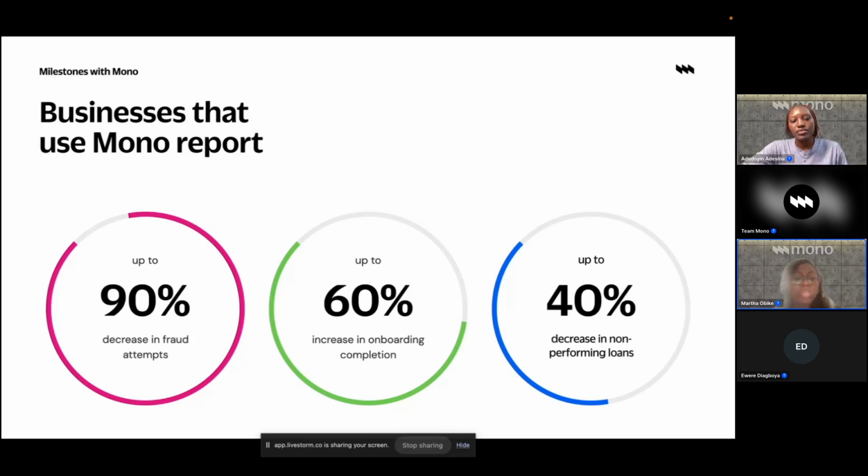So with the use of our products, these businesses are able to, one, get access to these users' transactions or their income data, and then identify their borrowing behavior, and check if this user has the capacity to repay this loan or not. And so these are the success stories we've seen from businesses that use Mono.